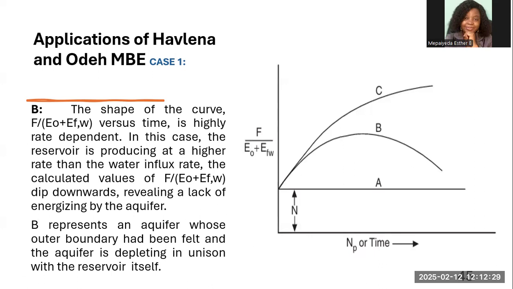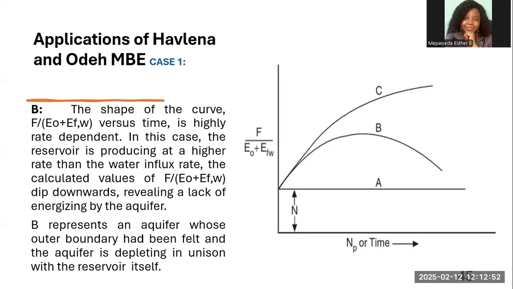loss, the pressure depletion, is higher because the energy of the aquifer is not balancing up the energy within the reservoir system. There ought to be an influx of water from your aquifer to balance the energy system of your reservoir.